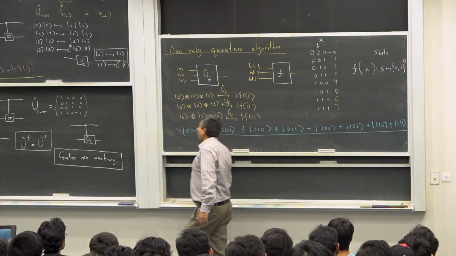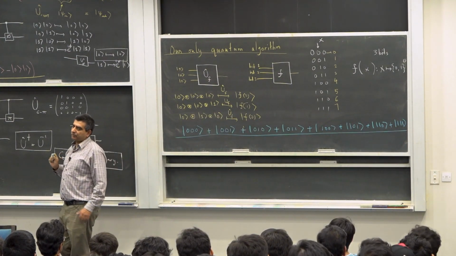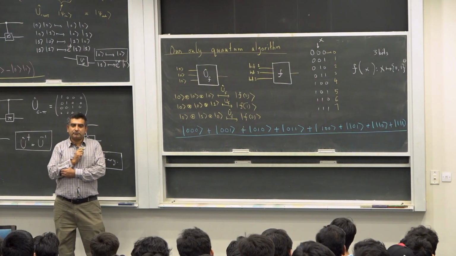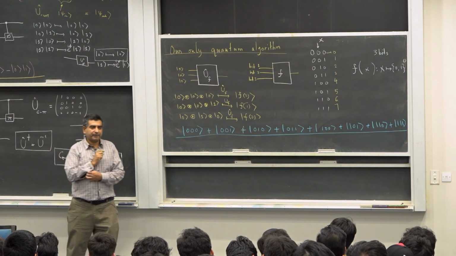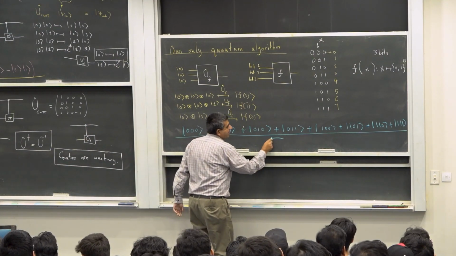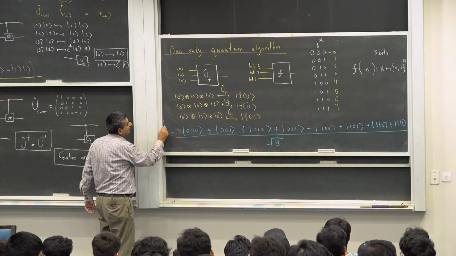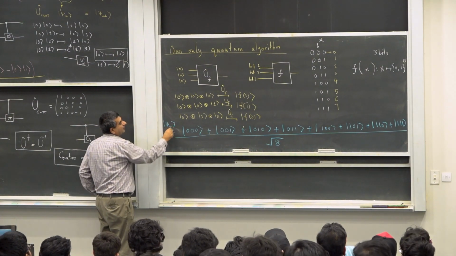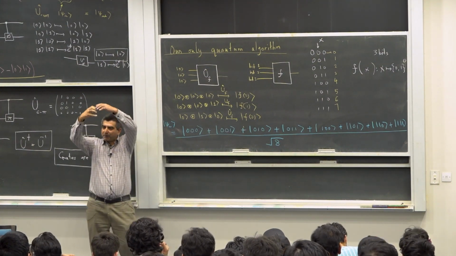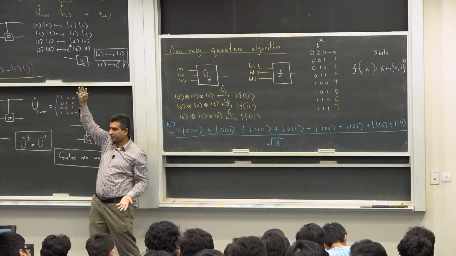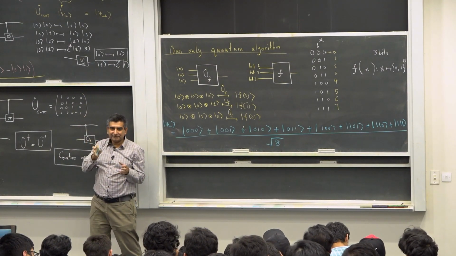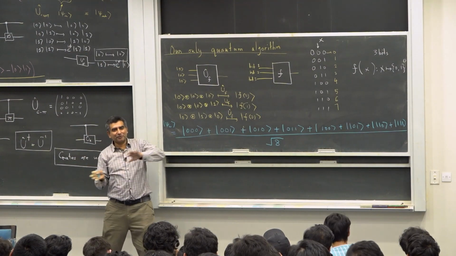And what do I do for normalization? Under root 8. So I can feed it in with a superposition, a giant superposition of 8 basis states in one go.